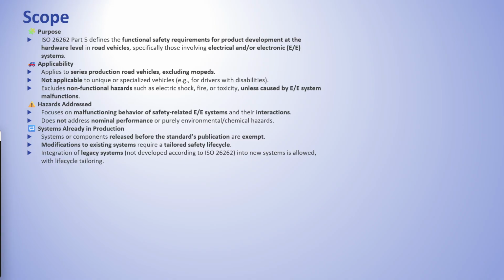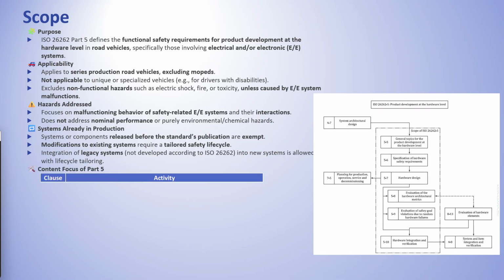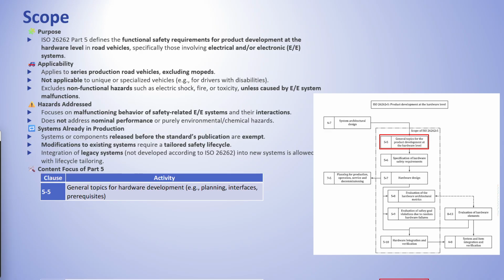Right. So Part 5 is really digging into the hardware. Can you give us a kind of fly-over overview? What's the journey for a piece of hardware according to this standard? Sure. Part 5 basically maps out the whole hardware development process. It starts with general topics, things like planning, defining interfaces, getting set up properly. Then a really key step, the specification of hardware safety requirements.